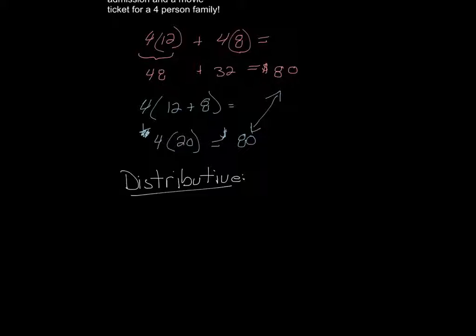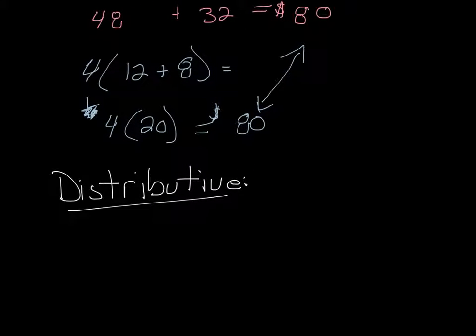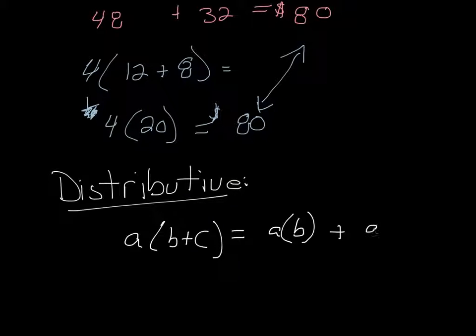So the actual wording for the distributive property, let me go ahead and write the example down here really quick. The example is going to be A times B plus C equals A times B plus A times C. Now what we have going on here is the same exact situation as we had up here.